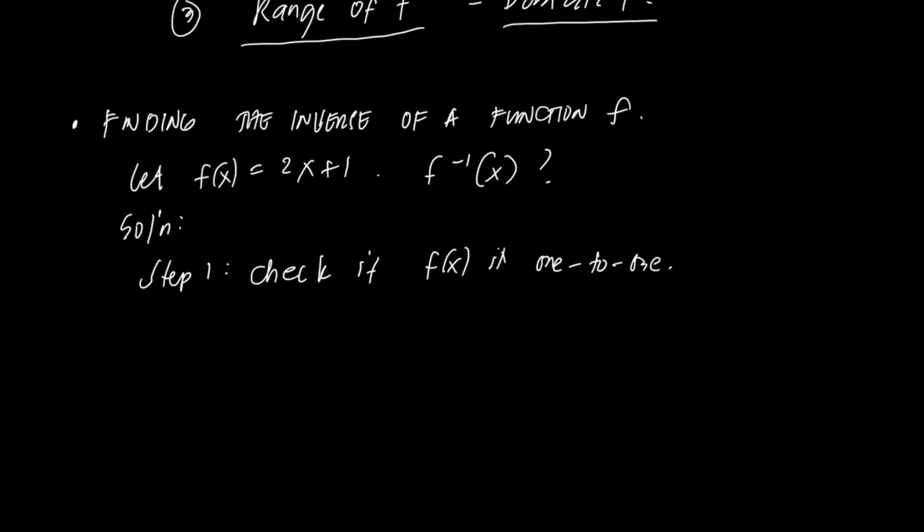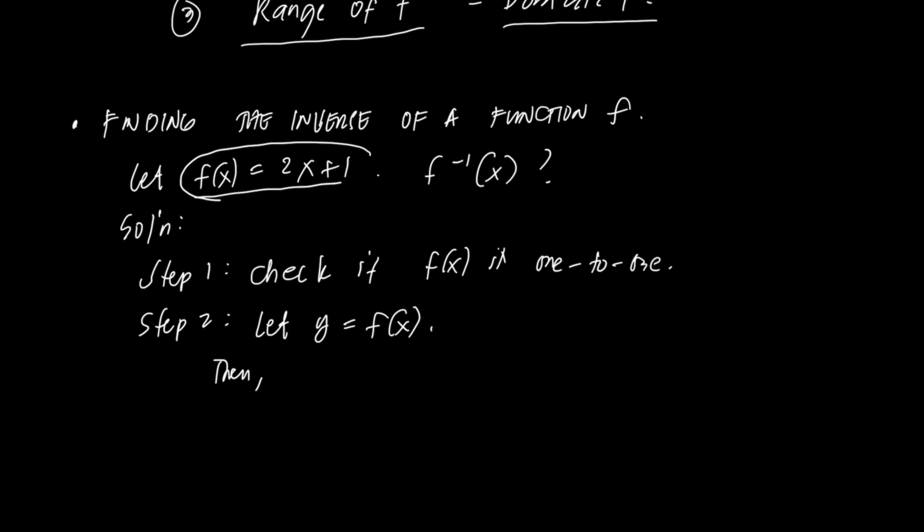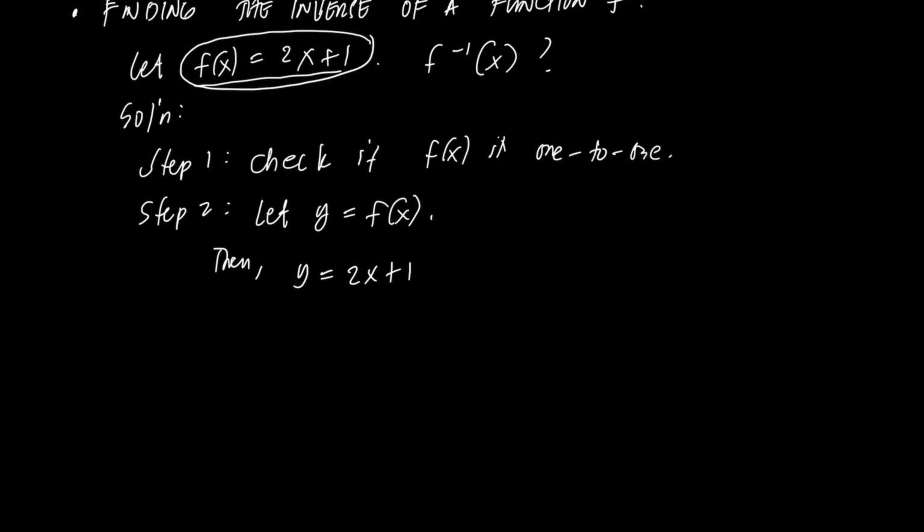Determine first if the given function is a one-to-one function. We showed a while ago that f of x is equal to 2x plus 1 is a one-to-one function. Step 2, let y be equal to f of x. Therefore, we can write this as y is equal to 2x plus 1. We just substituted y for f of x.